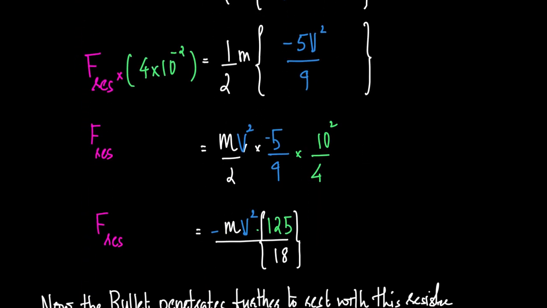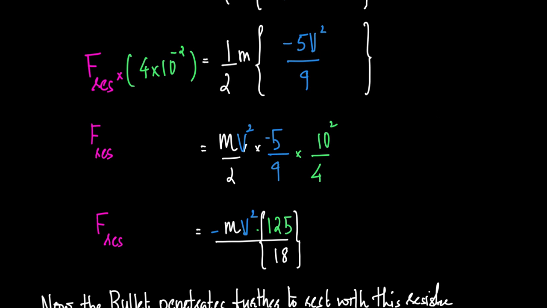And therefore, F resistive is equal to mv square by 2 into 5 by 9 into 10 square by 4. The 10 to the power minus 2 moves to the RHS and becomes 10 to the power plus 2, which gives us mv square into 125 by 18.